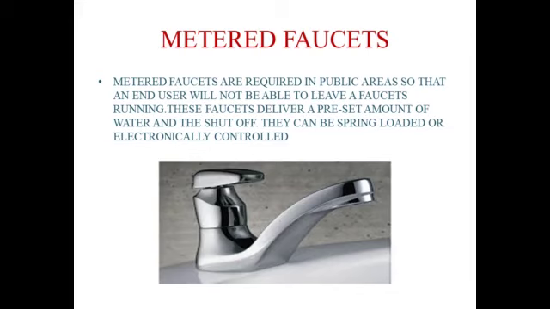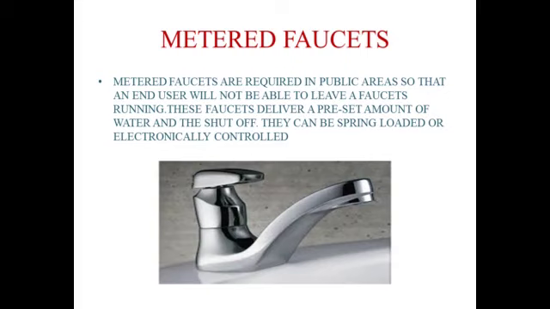Now, metered faucet. Metered faucets are required in public areas so that an end user will not be able to leave a faucet running. These faucets deliver a preset amount of water and then shut off. They can be spring loaded or electronically controlled.